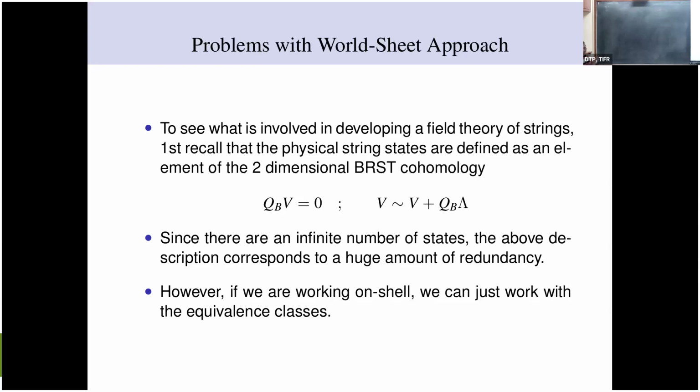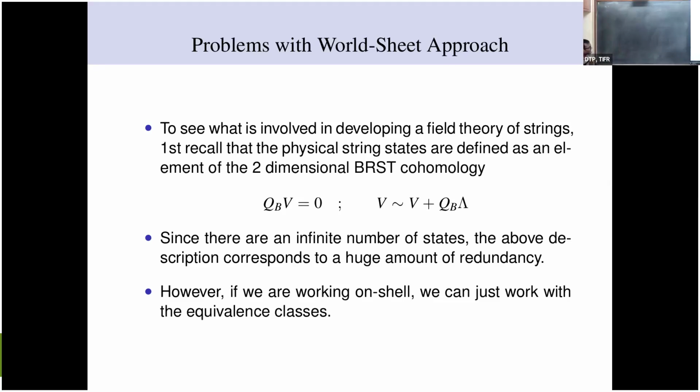After this motivation, my main goal is that we want to develop an off-shell formulation for strings. So how are we going to do that? First, as I was saying, you have this BRST cohomology in the first quantized framework, where physical states are given by Q_B V equal to 0, where V is defined only modulo BRST exact states.